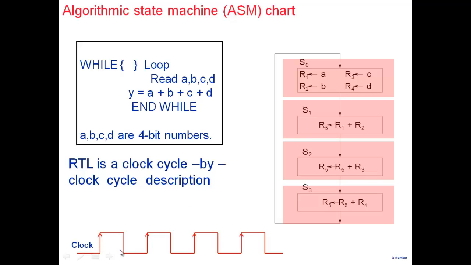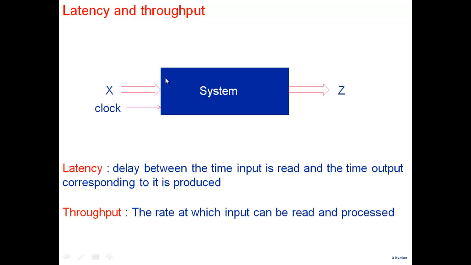As far as frequency and delay are concerned, I just want to add at this stage two delays that you hear of. One is what we call latency. The other one is what we call throughput. Latency basically says, if I apply an X as input to my system, after how much time is the output available which corresponds to this particular input?